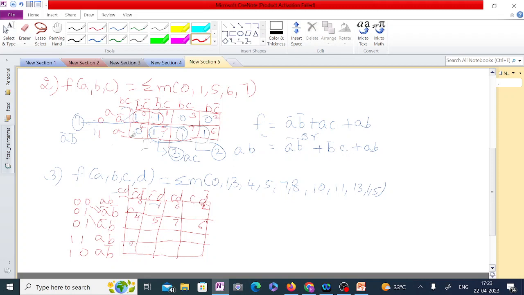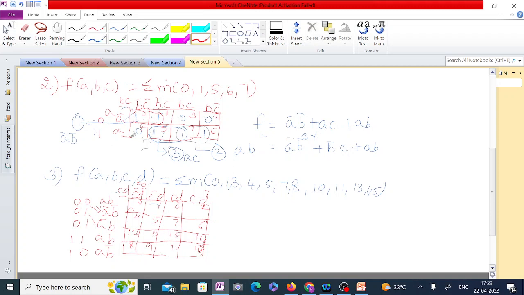So going with that, this would be 8, 9, 11, 10. How do you see 8? 1, 0, 0, 0. Like that. This would be 12, 13, 15, 14.